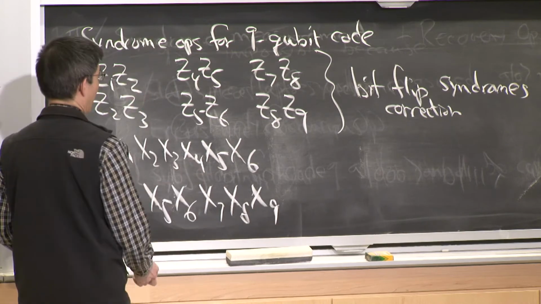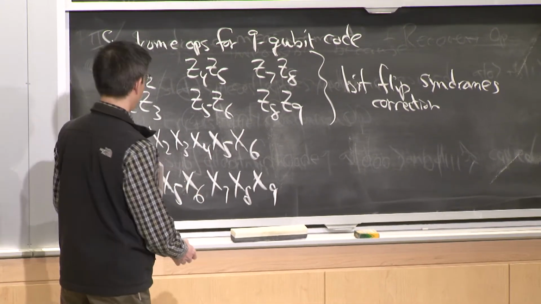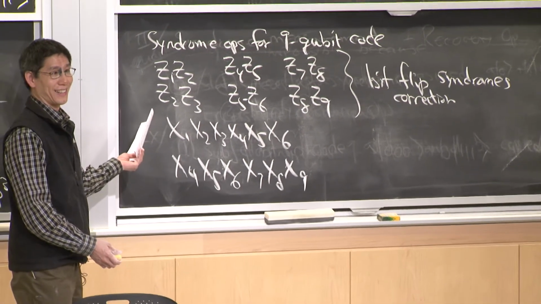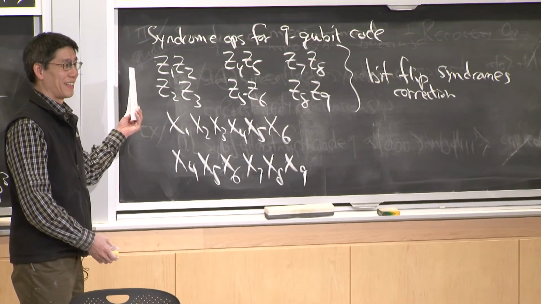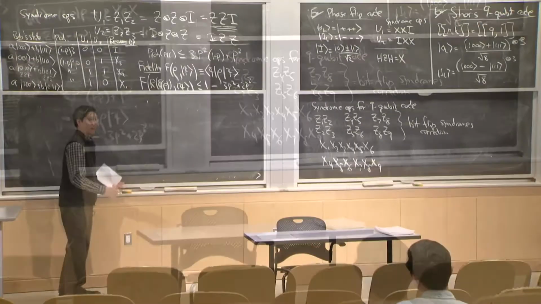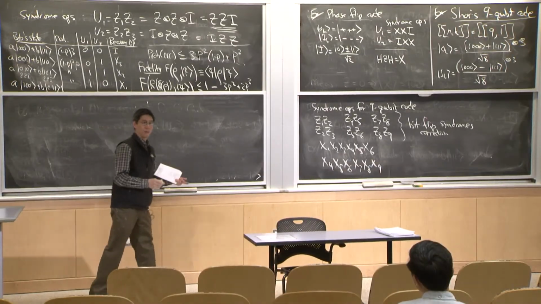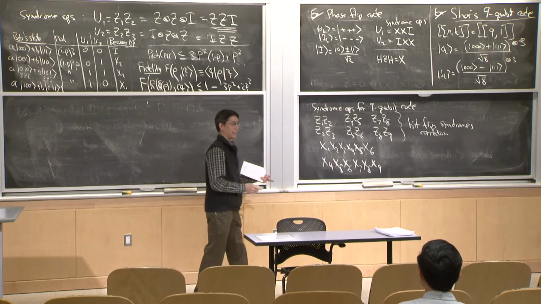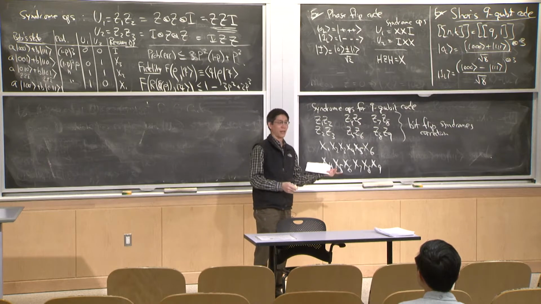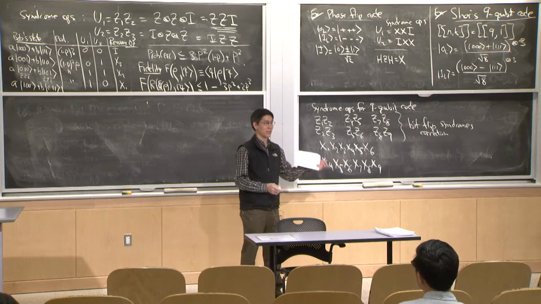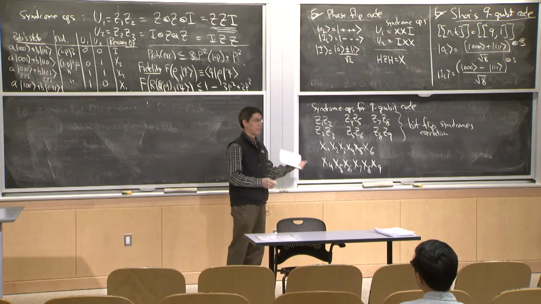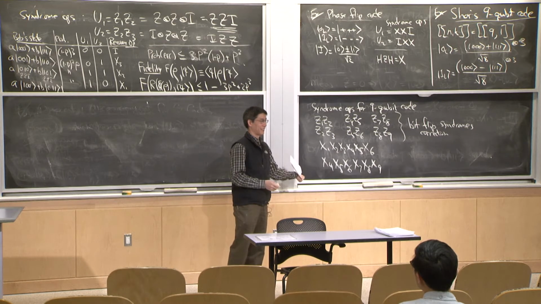OK. What I want to do, though, is to take 5 minutes or so and just challenge you to give me an error, and then we'll work out the syndrome for that error for the 9-qubit code. I claim that every single qubit error you give me, that's an X, a Z, or a Y, because Y is X times Z up to signs, there will be a unique value of the 8 syndrome bits that we measure here.